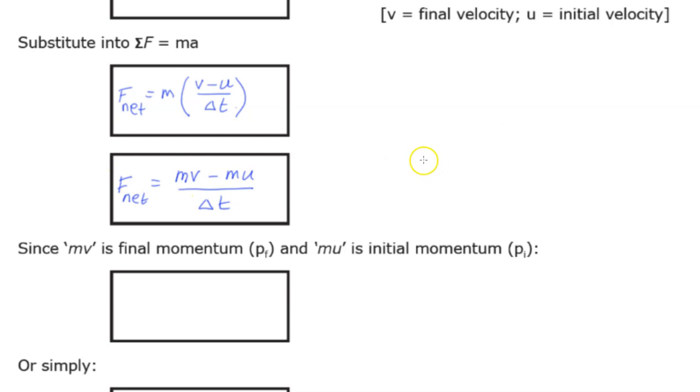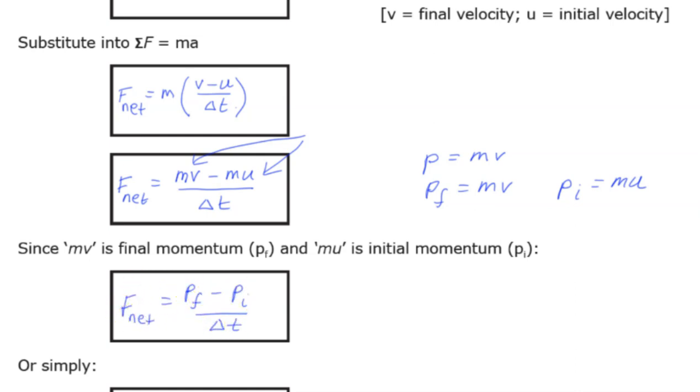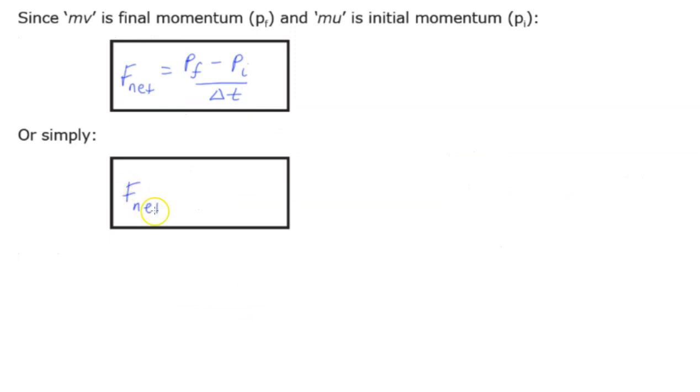Now recall that momentum is given by mass times velocity. So this is the final velocity and we've got the initial velocity. That means we've got the final momentum and the initial momentum, and because of that, we can write it like so, or simply as this, where delta P is the change in momentum.